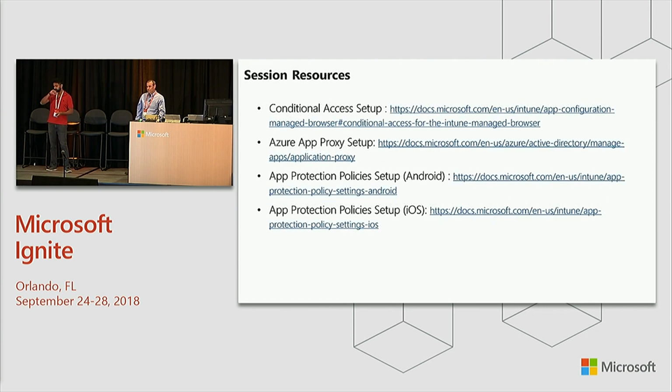So these are basically resources that point to docs that I think already exist for the Intune managed browser. That's correct. The same process to configure Edge. So you can go to docs.microsoft.com/Intune app config or AAD.